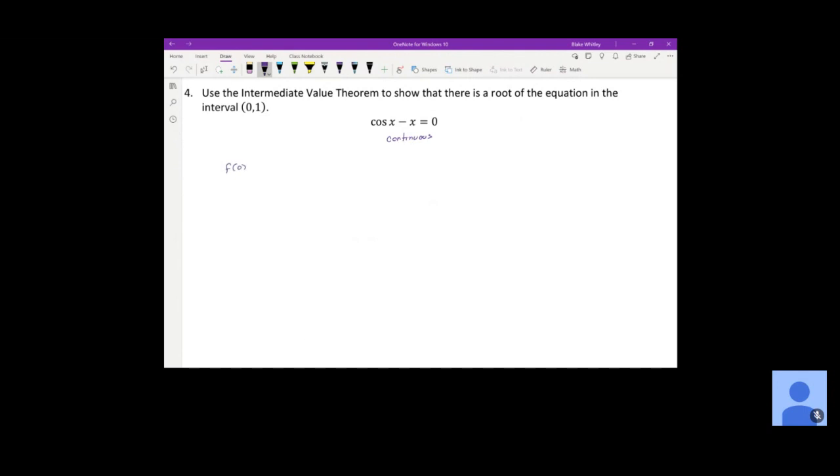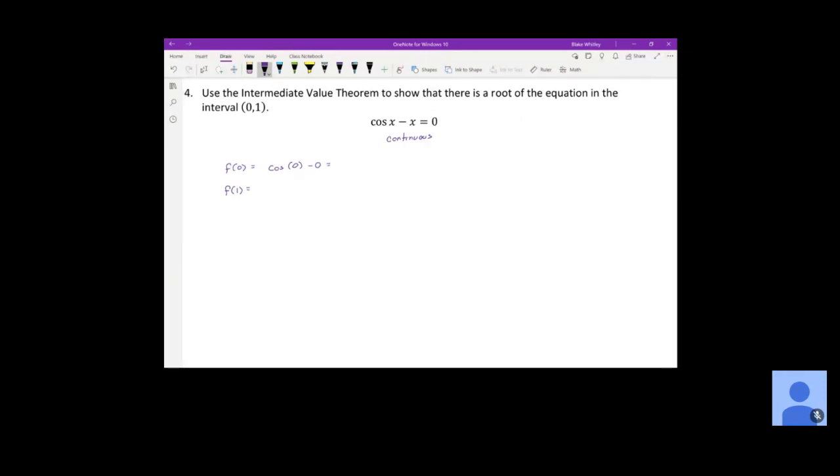So we're going to find f of 0 and f of 1. So we plug in 0 here. That's going to give us cosine of 0 minus 0. What's the cosine of 0? If it's not continuous, we can't apply intermediate value theorem at all, right?